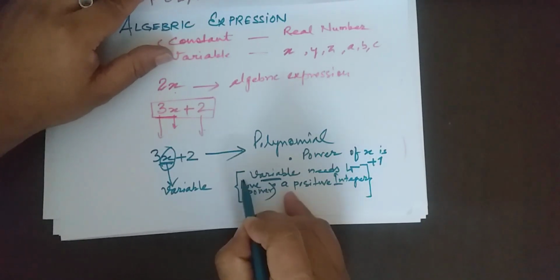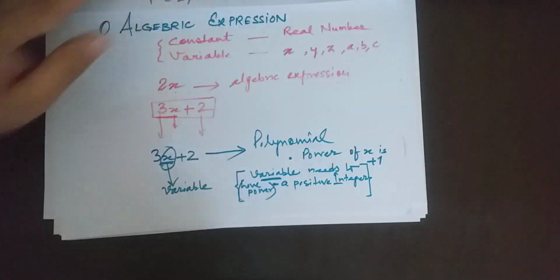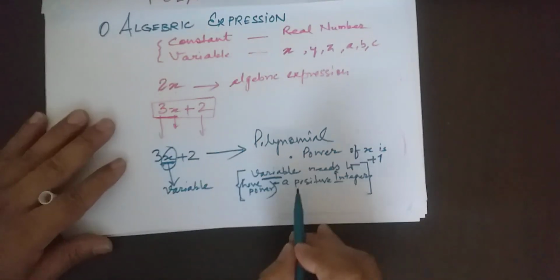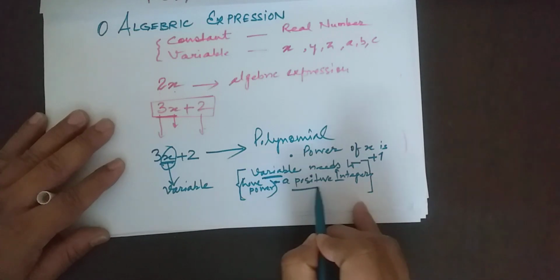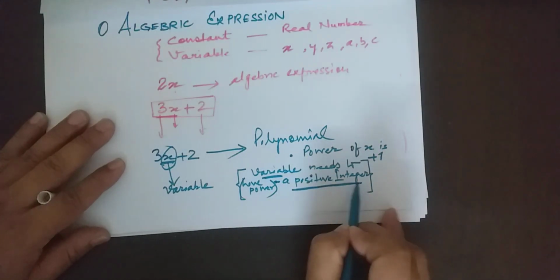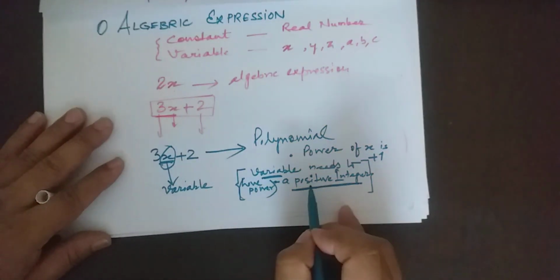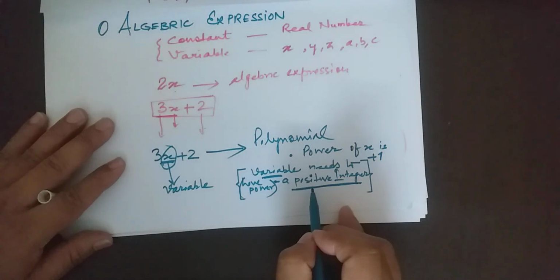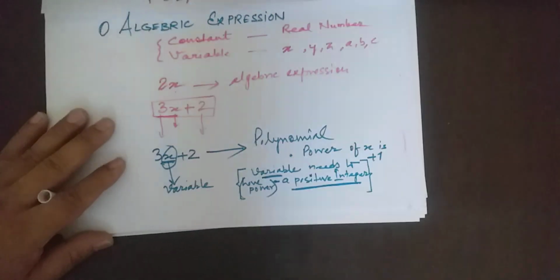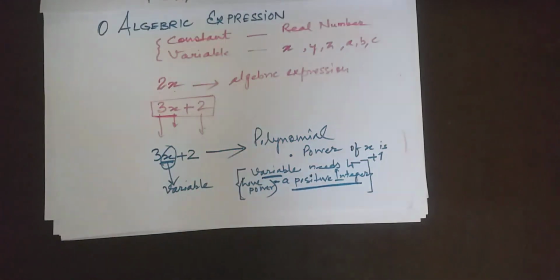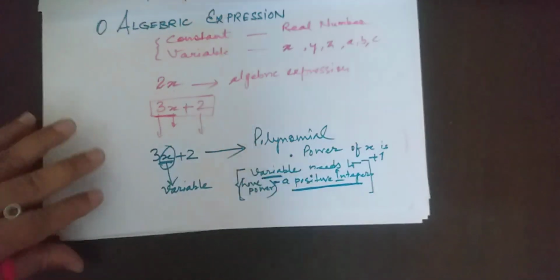This is all about the power of the variable. The power of the variable must be a positive integer. So these powers should always be positive integers. They will never have values such as 0.23 or any decimal number. It can never have values like -2, -3, -4.